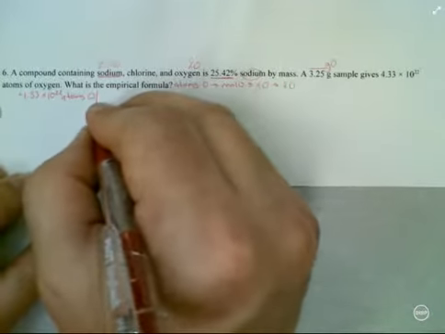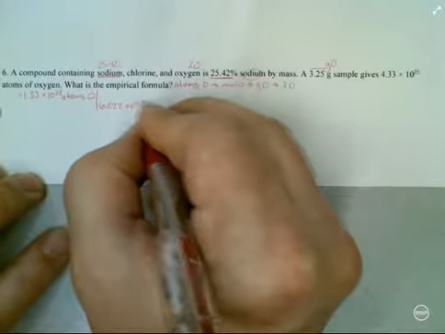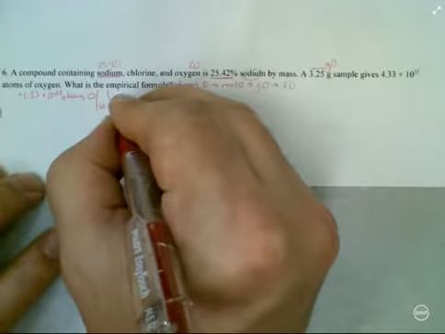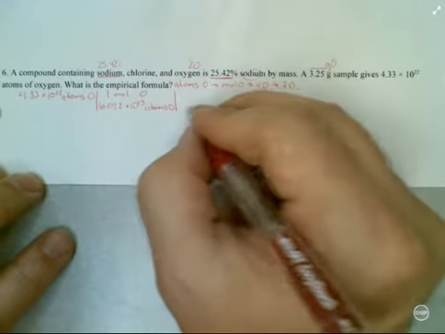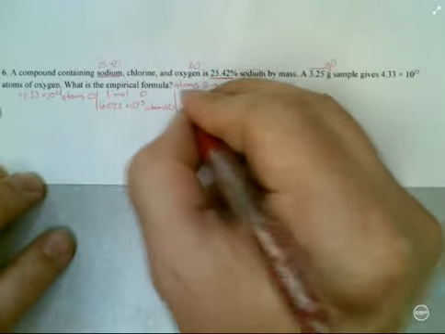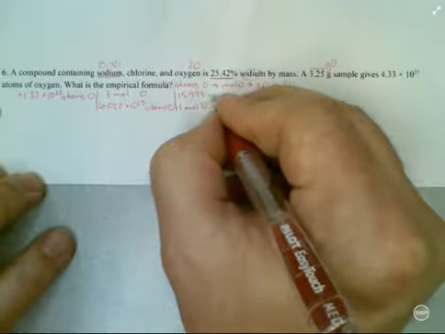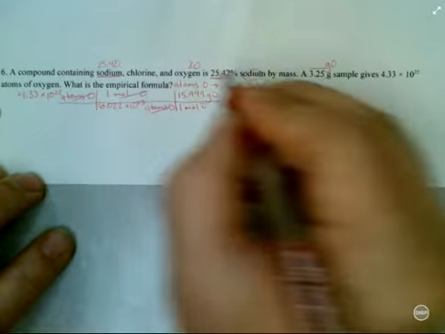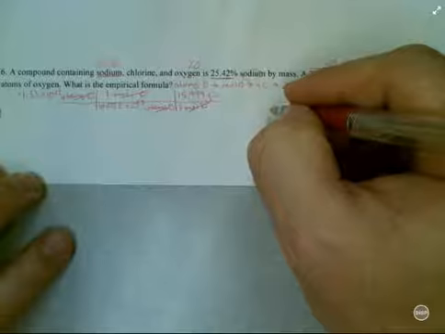I'm going to convert out of that by using Avogadro's number, which is per 1 mole of oxygen. And then I'm going to go from moles of oxygen into grams of oxygen. So atoms of oxygen will cancel, moles of oxygen will cancel. So I'll be left with grams of oxygen.